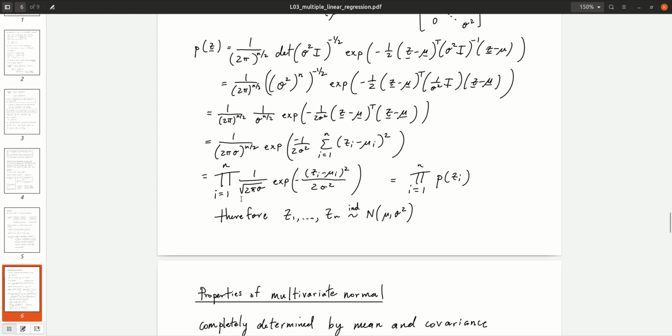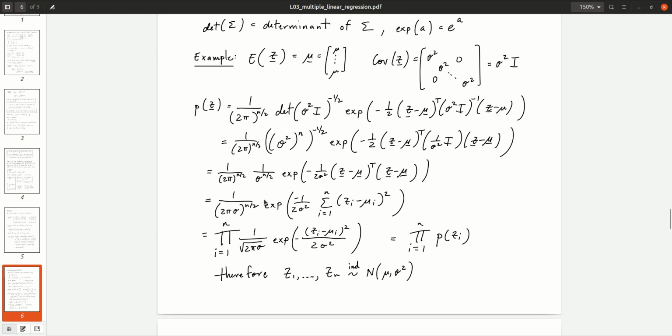So if you stare at this expression inside the product, this should look familiar to you as the density for a univariate normal with mean mu_i and variance sigma squared. And what do we say when we're looking at the product of a bunch of univariate normal densities?